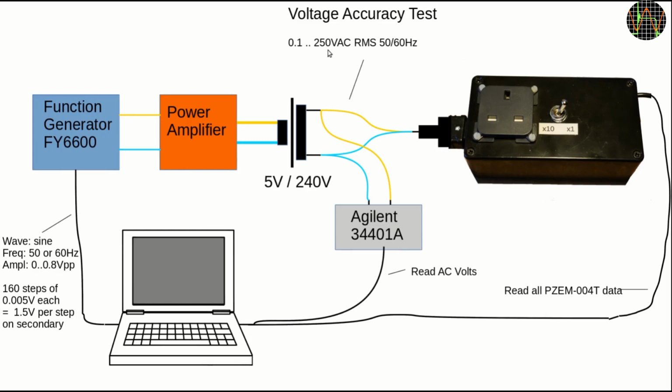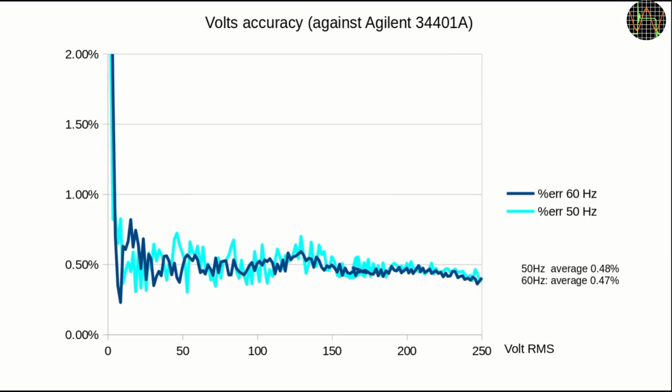With a script on the PC incrementing the function generator output by 5 mV each step, this translates to 160 steps of about 1.5 volts on the test voltage. This voltage is measured by my Agilent 3441A and the PZEM-004T, and the data is collected by a Python script on the PC. Of course, the whole thing needs to be run twice, once for 50 Hz and once for 60 Hz. The result is this graph.